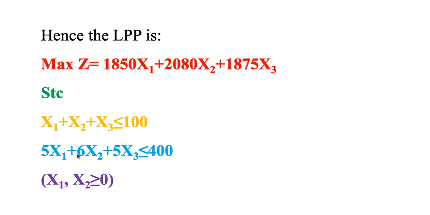Then we have 5x1 plus 6x2 plus 5x3 is less than or equal to 400. This is the man labor that we have available for cultivation here, right? Then x1 and x2 should be greater than or equal to 0. This is how we can formulate an LPP from a given set of data.